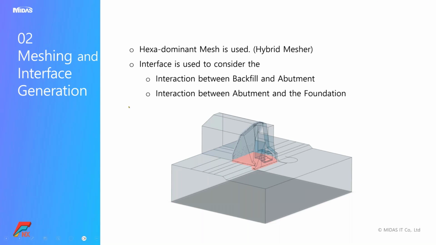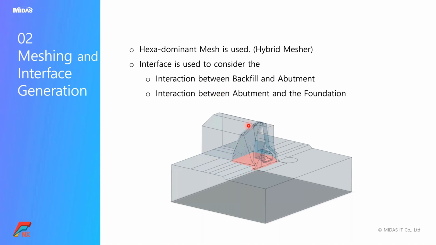Hence, to reduce the analysis time to a certain extent, we went for the hexa-dominant mesh, which is obtained by using the hybrid mesher in the software. And in the starting, I said the objective is to consider the interaction.